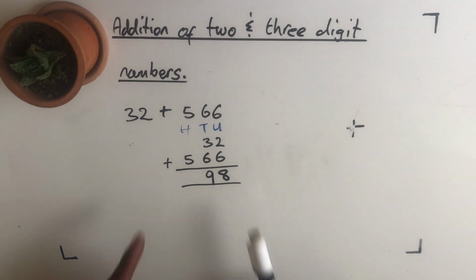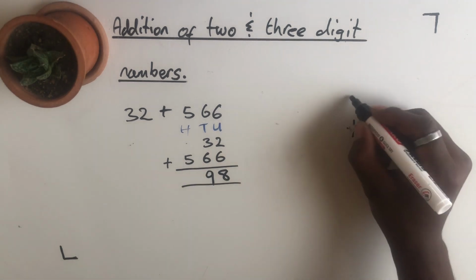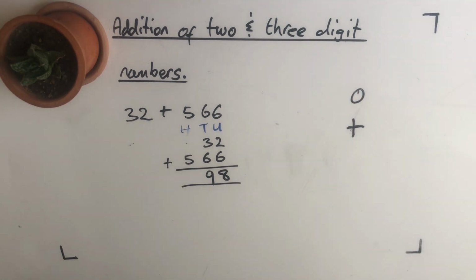And then we move on to the hundreds. But as you can see, there is nothing here. So that is simple. We take that as a 0, because there's nothing. And then here we have 5 hundreds.